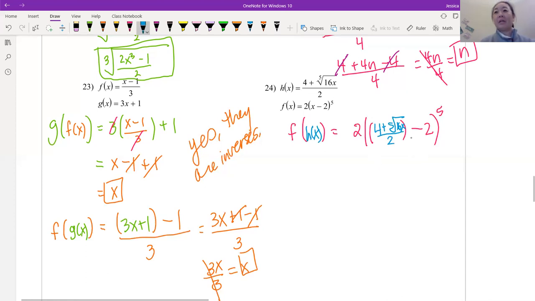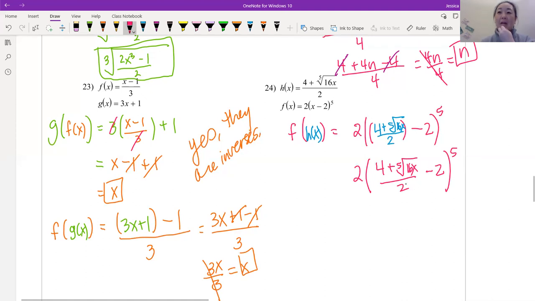Okay, and if I look at this, I could take out the parentheses because there's nothing in front of that. But it doesn't look promising. So 4 plus the 5th root of 16x over 2 minus 2 to the 5th power. I need all this in order to cancel this 5th root. I need the 4 and this divide by 2 and this 2 to cancel out.